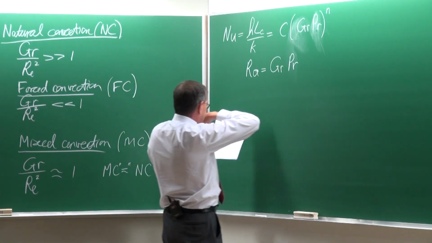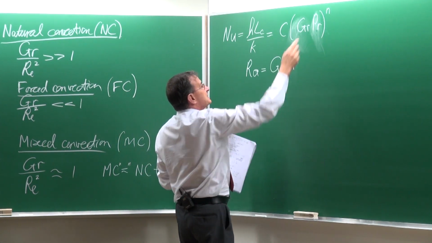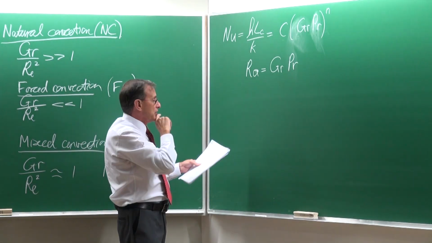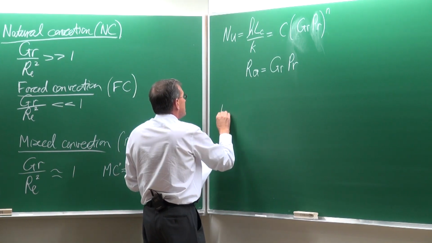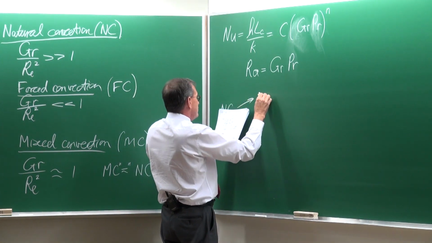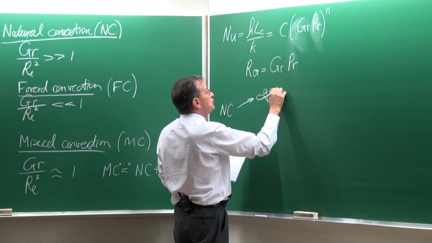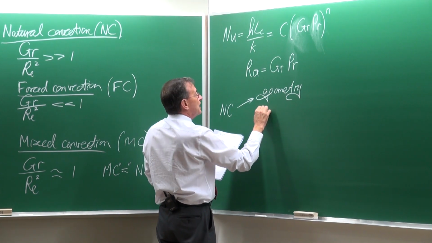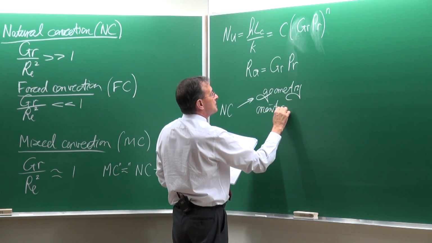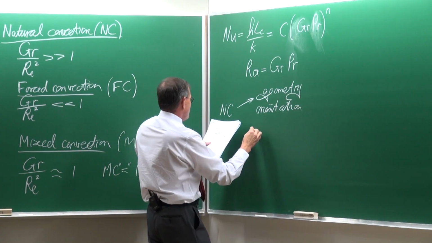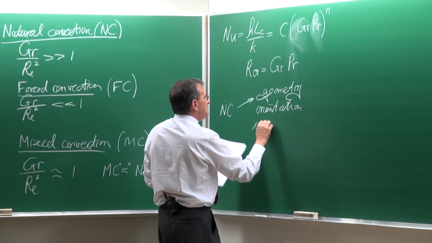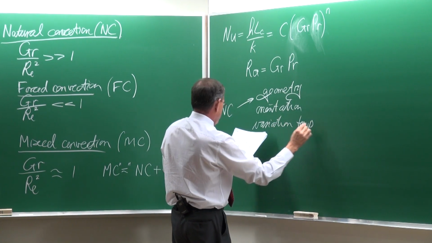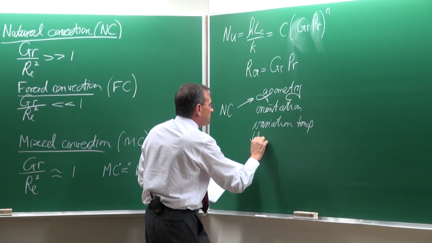But in general, you'll see that the C and the n are the things which are influenced by the geometry of the surface, the orientation of the surface, the variation of temperature, and the thermophysical properties.